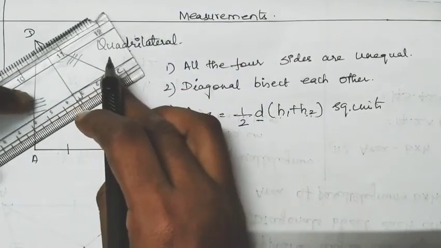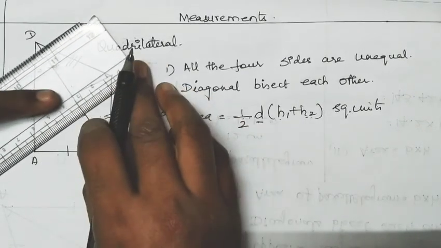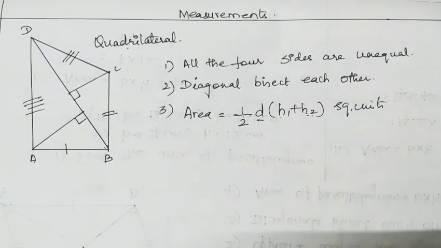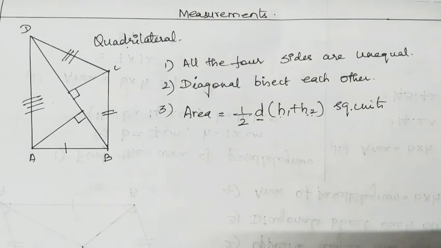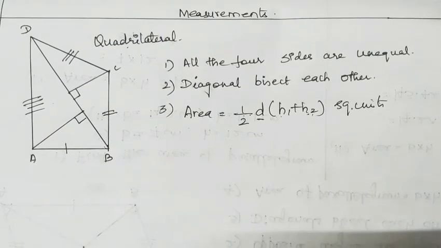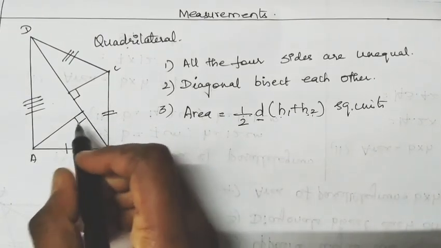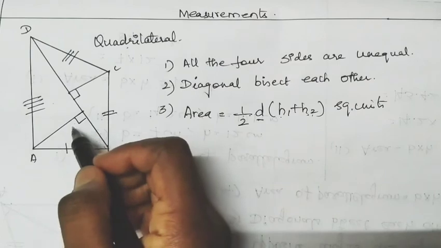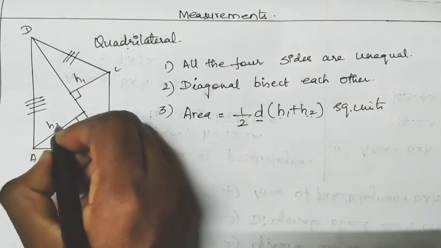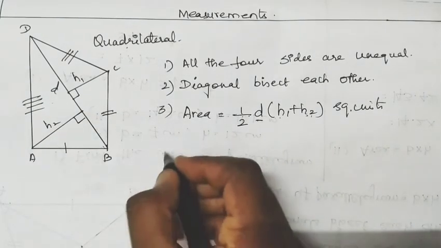And from A, these are the two heights for this diagonal BD. You will learn how to construct a quadrilateral in practical geometry this year. At that time you will learn how to draw the perpendicular line, height. So this is H1, H2 and this is the diagonal. Let's see one problem in this.